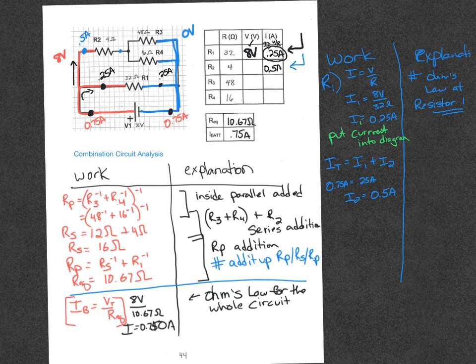You plugged in 8 volts and you Sudoku'd, right? You finished your row by using Ohm's law. Then 90% of the time, although there are some exceptions, you will find yourself staying in the same column and figuring out a current about another part of the circuit. And so hence 0.5 amps.